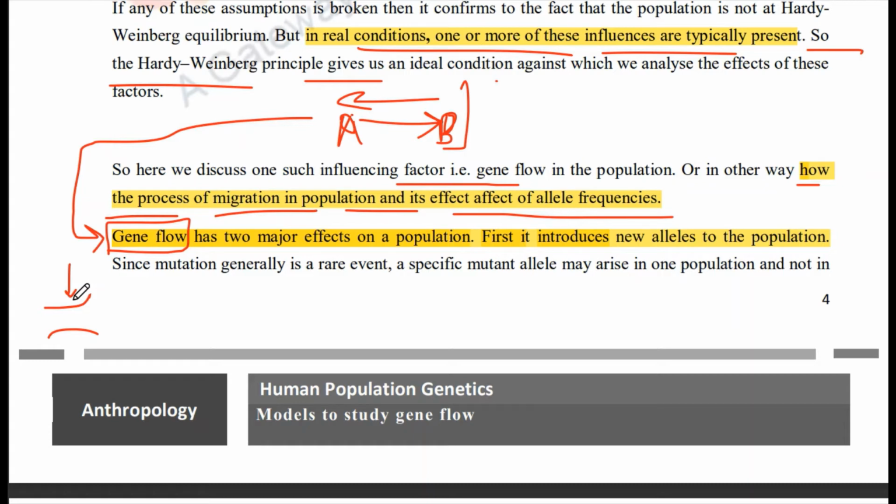Be it a cyclone, be it any form of disaster-related event. Because of that event, as an outcome, we can see certain alleles from the original parent population being wiped out.